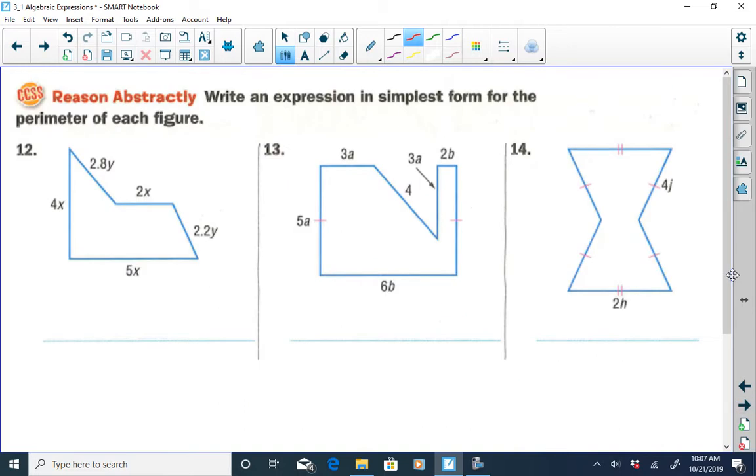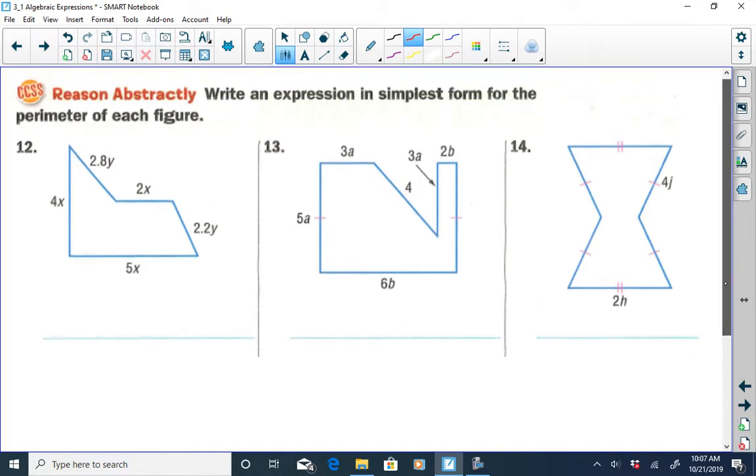All right. Our next problem, or next group of problems, I thought these were kind of interesting. We want to be able to represent the perimeter of the figures and write an expression to do so. So first, let's identify our x terms. Here's an x, that's 4 x's, 5 x's, and 2 x's. 2 and 5 is 7 plus 4, that's 11 x's.